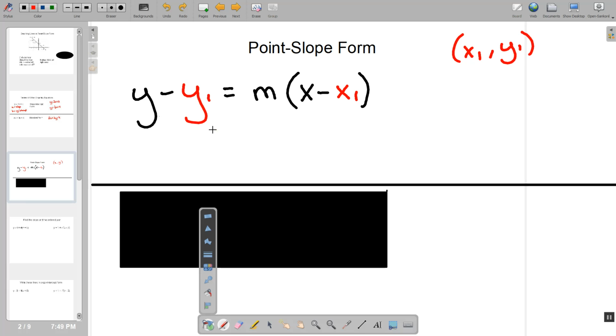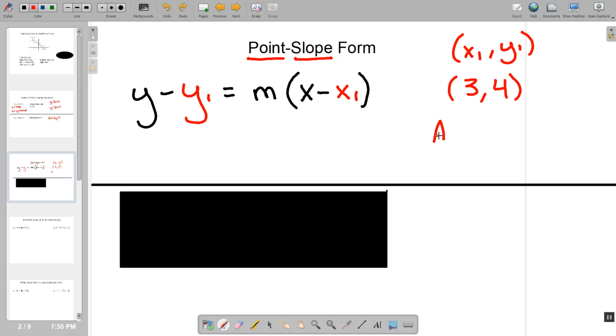So for example, if this ordered pair is 3 comma 4, we are going to be replacing the x here and the y here. And we do that because point slope form needs a point and the slope in order for the line to be filled out. Here is the slope, and then here will be our point.